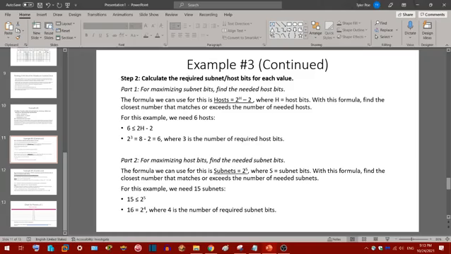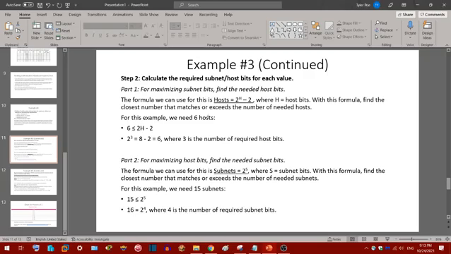Step 2 is to calculate the required subnet bits or host bits for each value. For maximizing subnet bits, we need to find the needed host bits. The formula we can use for this is hosts equals 2 to the h power minus 2, where h equals host bits. That's the number we need to find. With this formula, find the closest number that matches or exceeds the number of needed hosts.